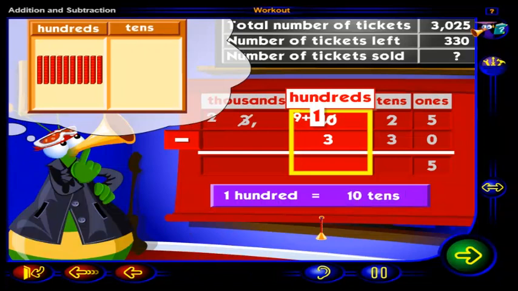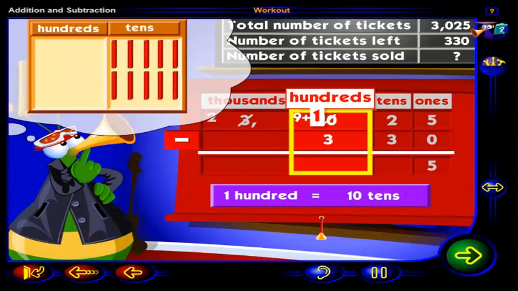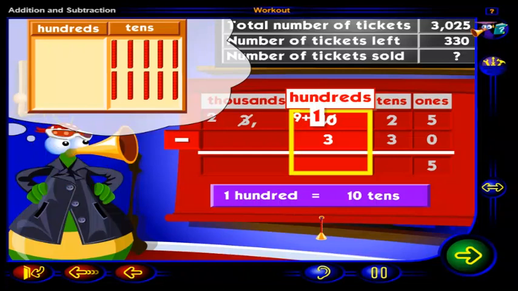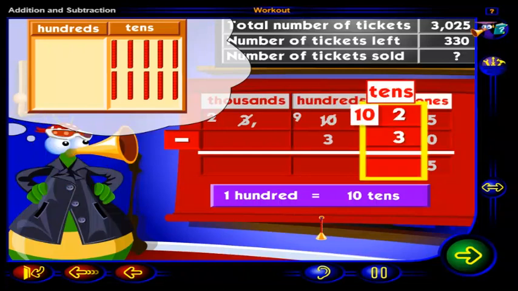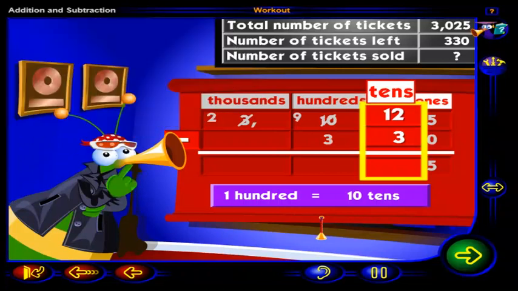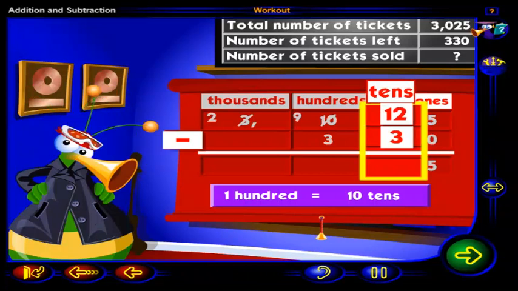So you can regroup 100 as 10 tens. In the same way, you can regroup this 100 as 10 tens and add 10 tens to 2 tens to get 12 tens here. And since 12 is greater than 3, you can now subtract.